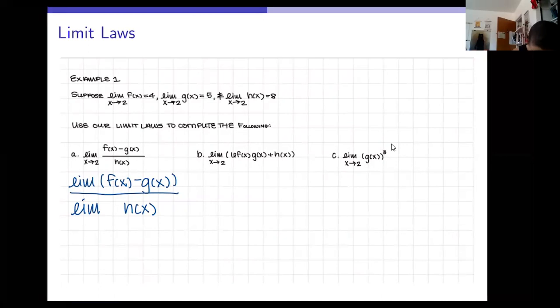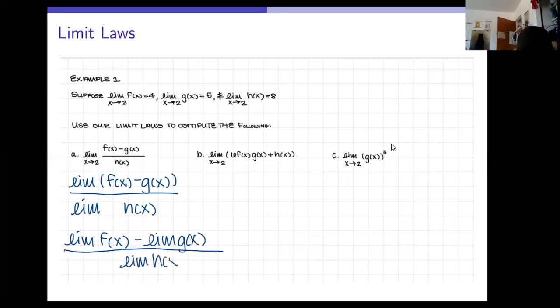So it looks like the limit of f of x minus the limit of g of x all over the limit of h of x. So now all we have to do is plug in the values that we have up here.